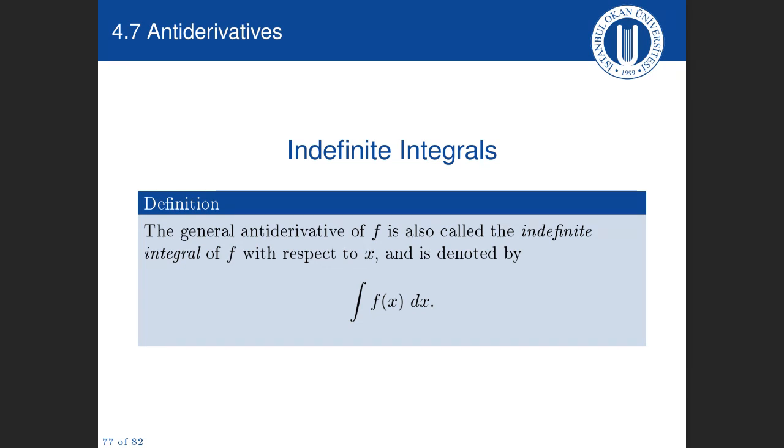We've been talking about general antiderivatives. I've been using the phrase general antiderivative, but there's another name for the same thing. The general antiderivative of f is also called the indefinite integral of f with respect to x. And we write it like this: we have this stretched letter s, f of x dx.